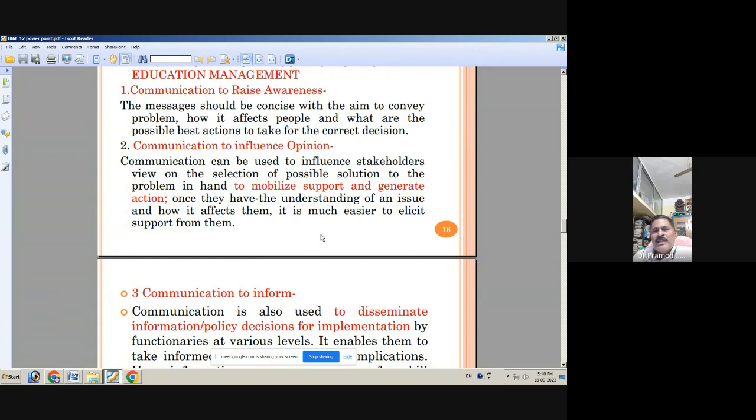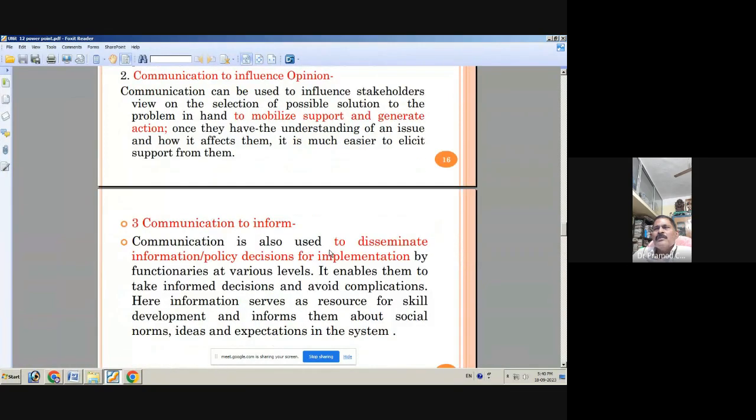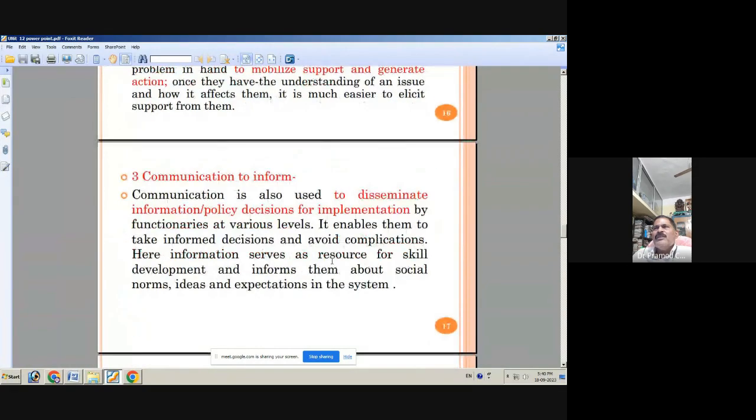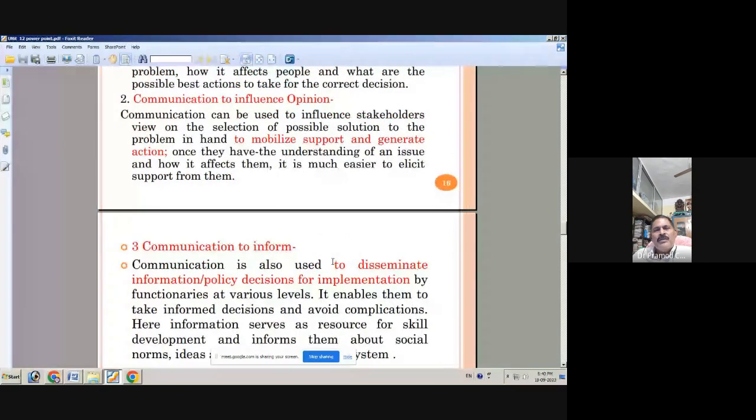Here the question is that you are not in a position to understand the content of the message. You only see the message, go through one line or two lines, and then forward it to others. That is wrong. So we say that communication is always influencing public opinion, and it mobilizes support and generates action.